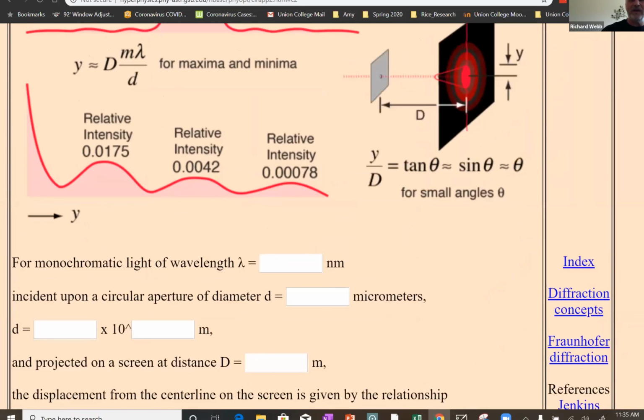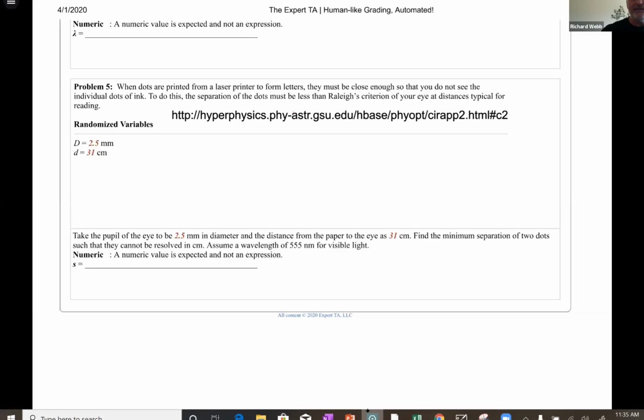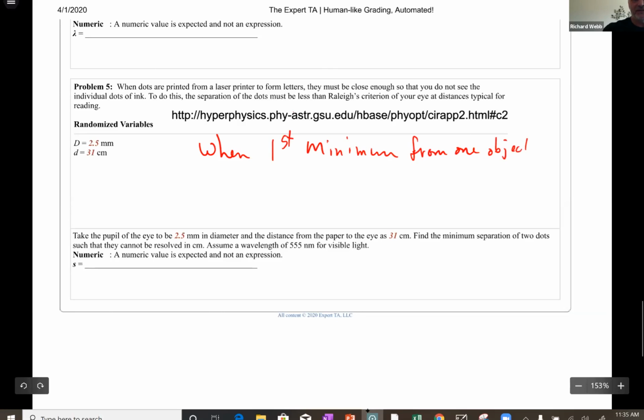Now, the question is asking about Rayleigh's criterion for differentiating two things, which is what you were actually using for the last part of the lab. So Rayleigh's criterion is when the first minimum from one object overlaps with the center from the other, we can resolve.